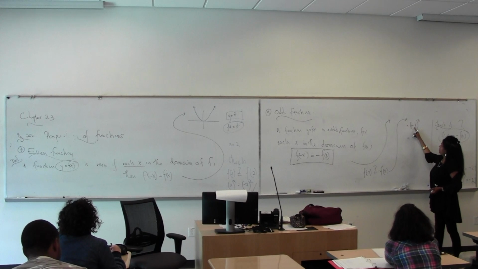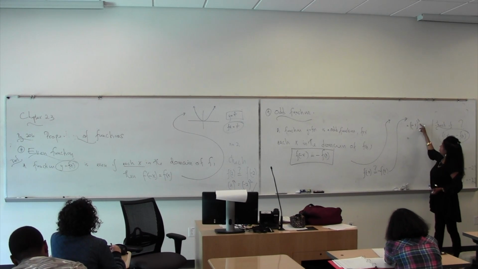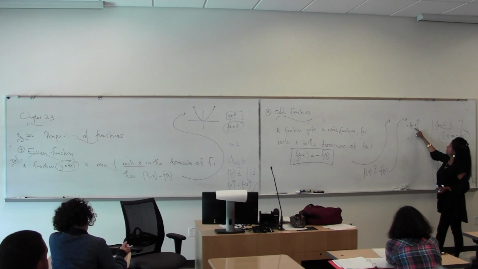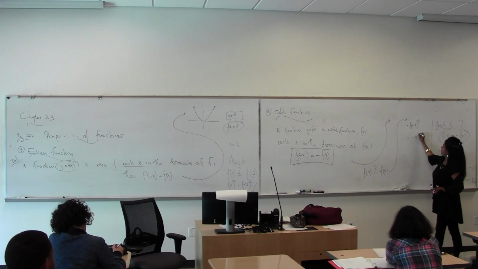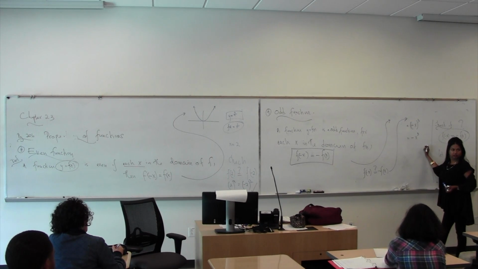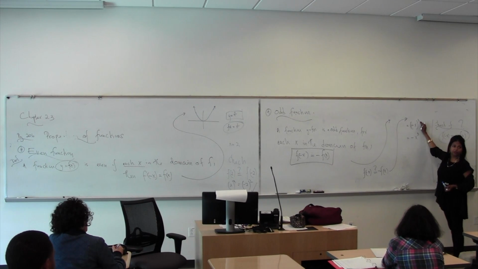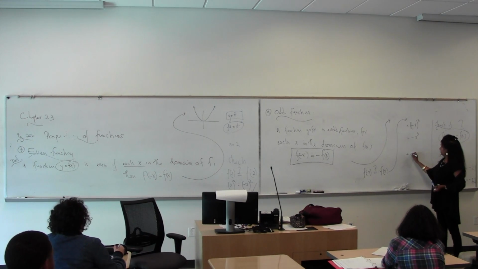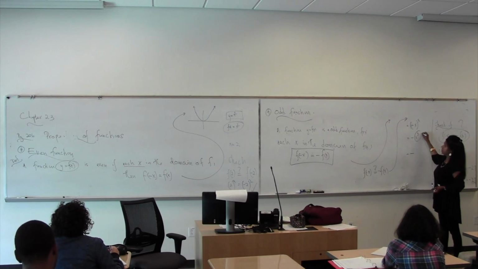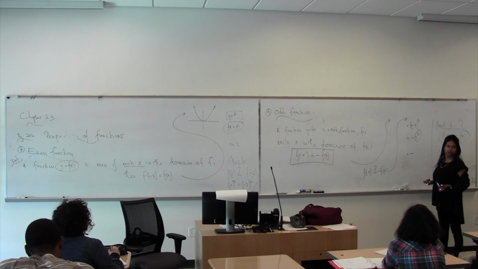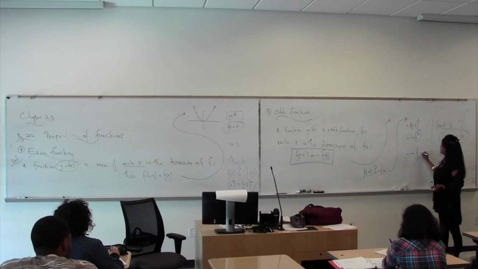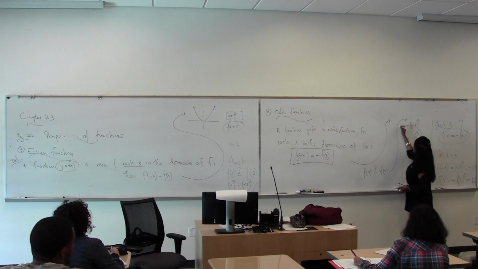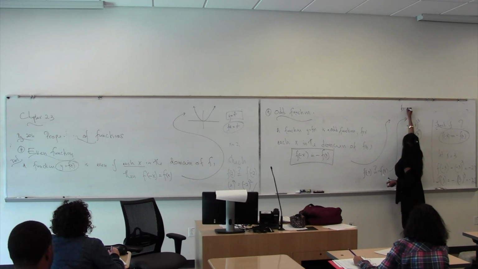Now I'm going to rewrite this, leaving the negative sign out. What is this? It's f of x, right? Because we said f of x is equal to x to the power 3.